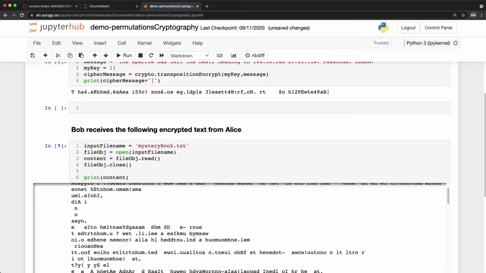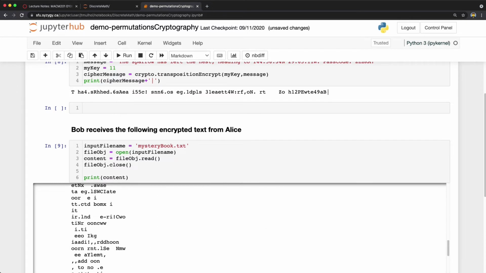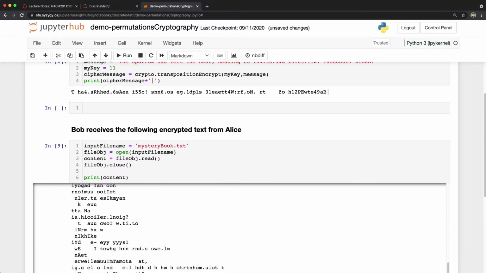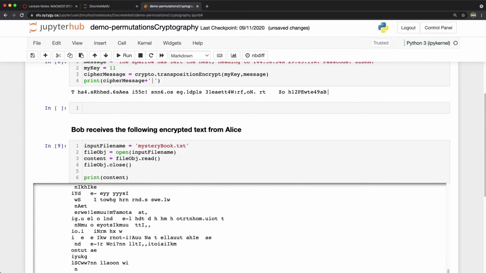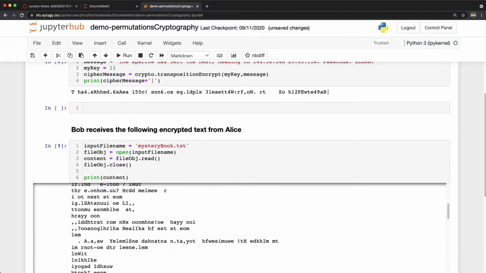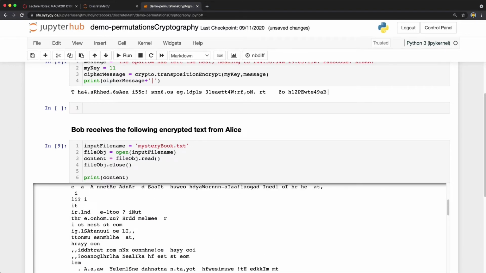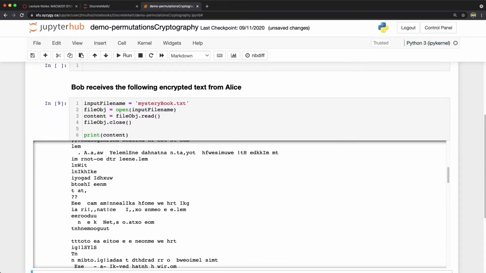There's our text, one long string. That's now a permutation. So I permuted all the characters of this book around, and it's pretty much impossible to figure out what it says. So maybe I'll ask you, what book do you think this is?